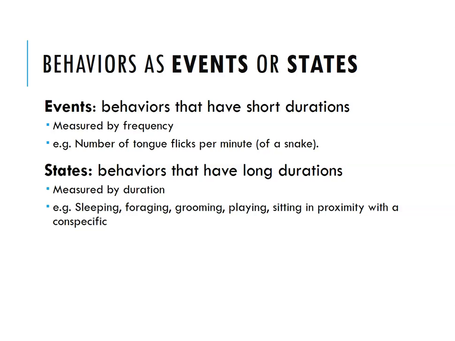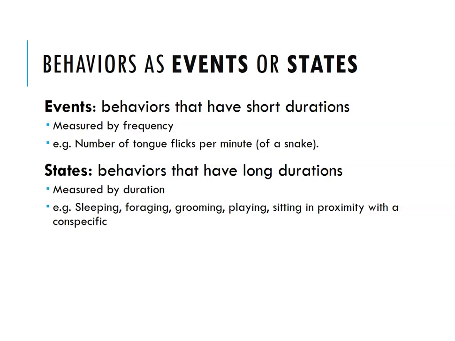Usually with states, behaviors that have long durations, we measure both the duration and the frequency of that, like we did in the example with the preening parakeets. Looking at the frequency and the duration give us a better idea of how often behaviors are happening and how long they occur.